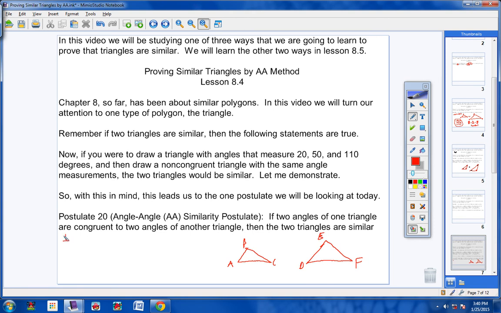And I'm going to come over here and put: if angle A is congruent to angle D, and angle B is congruent to angle E, then triangle ABC is similar to triangle DEF. Now, if I'm going too fast, let me know, okay? I'll try to slow down. I'll give you a second to copy that.